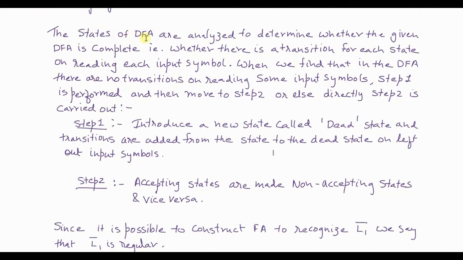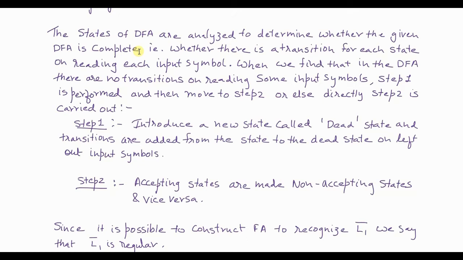The states of the DFA are analyzed to determine whether the given DFA is complete. So first, whichever DFA is representing language L1, you check whether that DFA is complete or not. That means from each state of that DFA, is a transition happening on every input symbol? Suppose sigma is 0, 1. Then find out from each state of the DFA, is there a transition defined on 0 and also on 1?